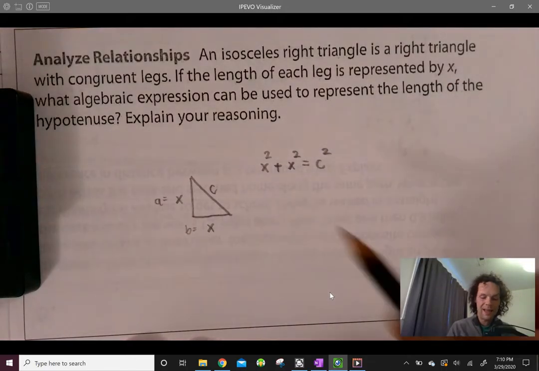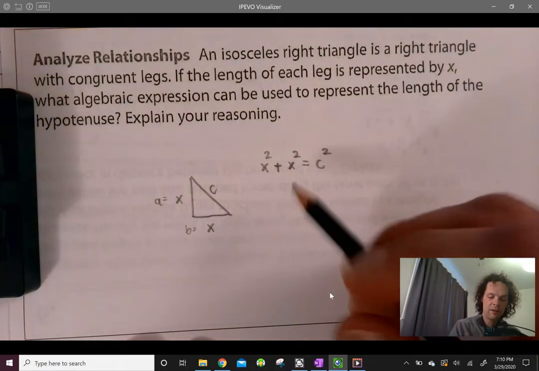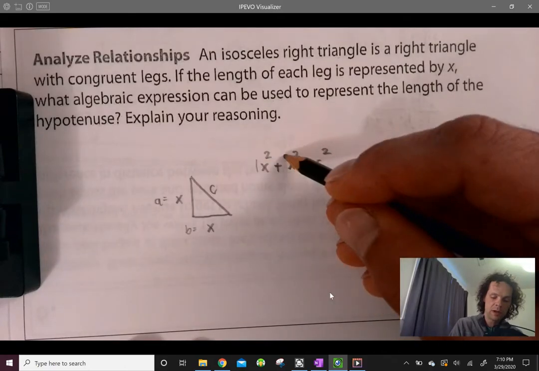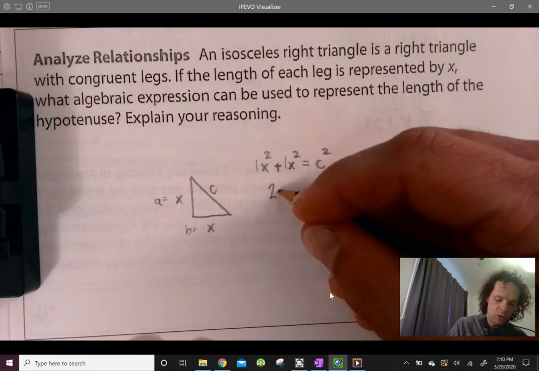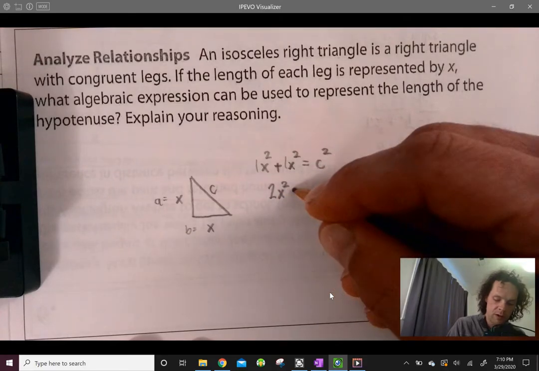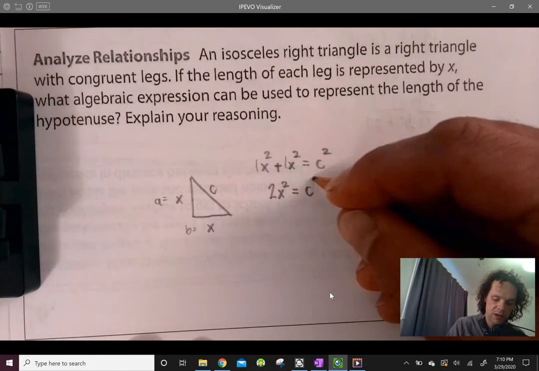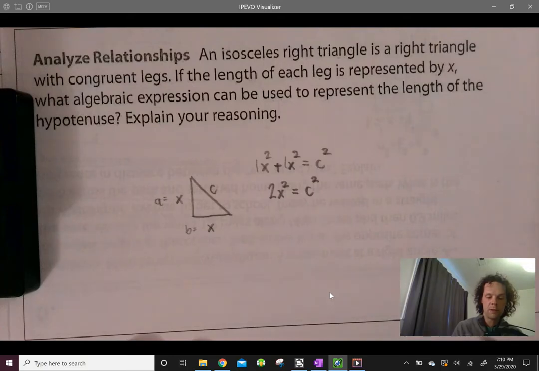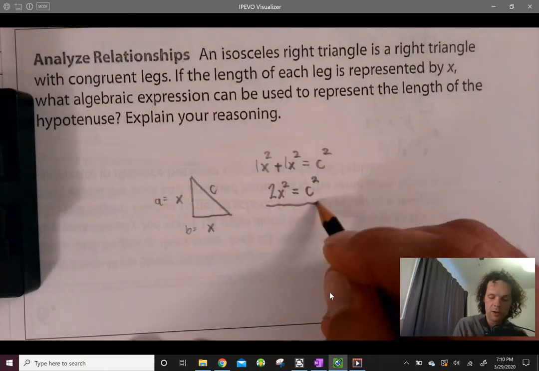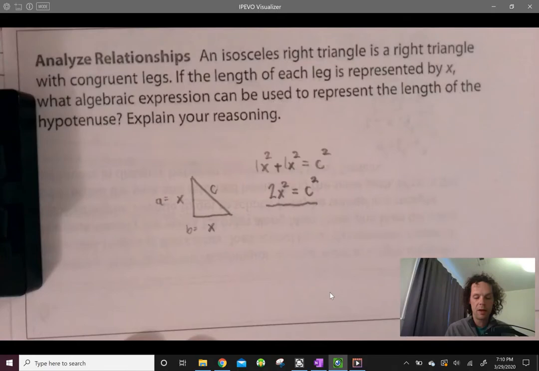So how many x squareds do we have there? Well, we can combine this 1x squared and this 1x squared, and we get 2x squared is equal to c squared. And that would be the algebraic expression we can use to represent the length of the hypotenuse.